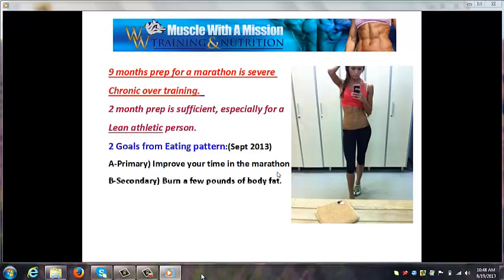Same thing. Okay. Second of all, and this is a secondary goal, not as important, but still important, because it's a goal. She wants to burn a few pounds of body fat. It might be 2 pounds, probably I think 4 to 6 would be better. Okay? Because as we know, a pound of fat, if you've ever seen one of those artificial pounds of fat you can see in a gym sometimes, they're almost twice the size of your fist.